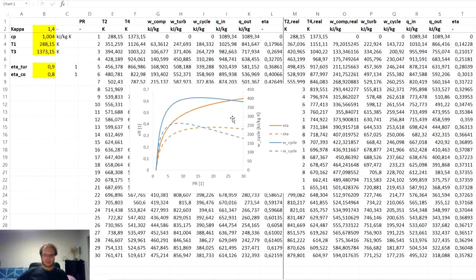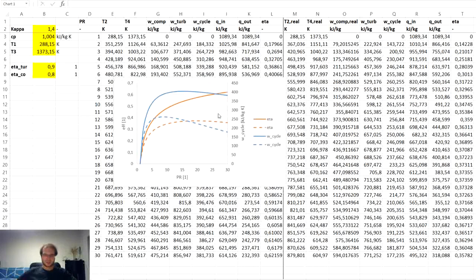Okay, so now let's see what happens with the real compression and expansion, where the parameters for the real efficiency of the components are the dashed values. So first let's have a look at the efficiency, where before the efficiency was steadily increasing.